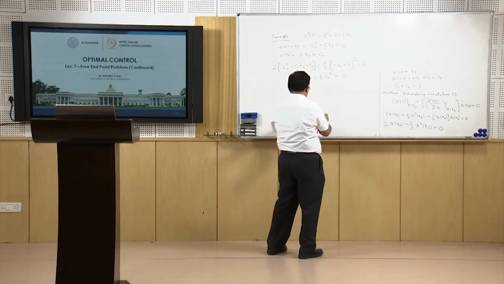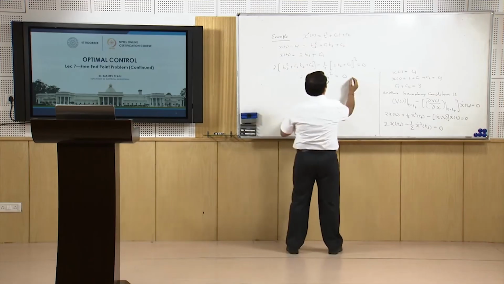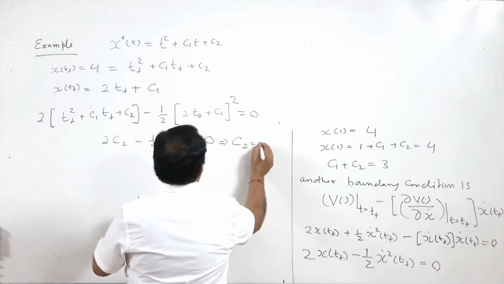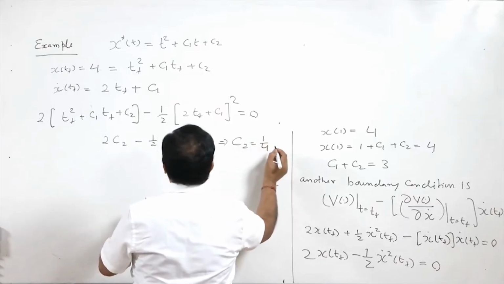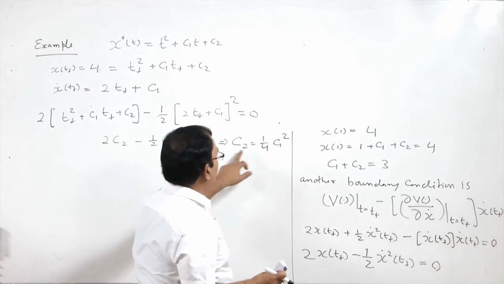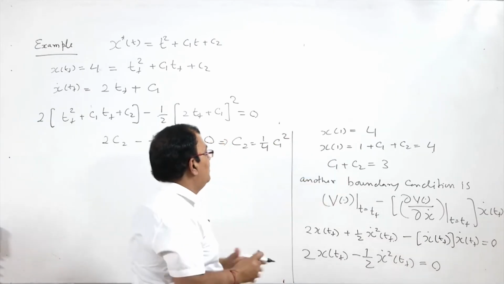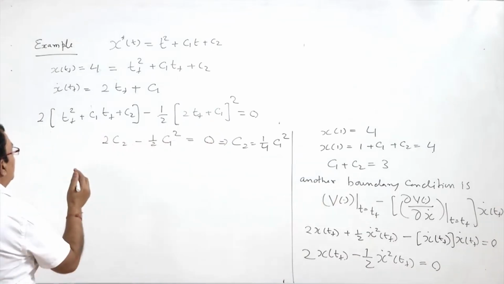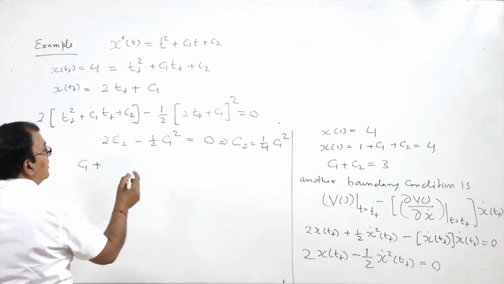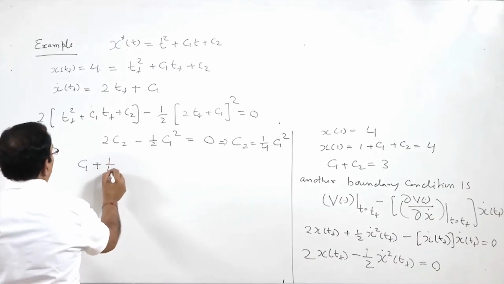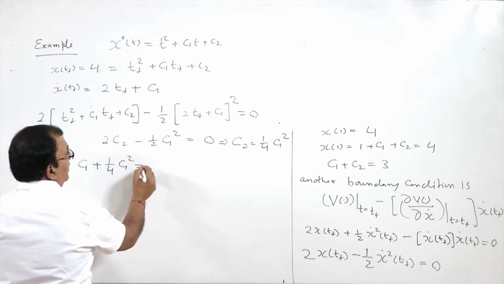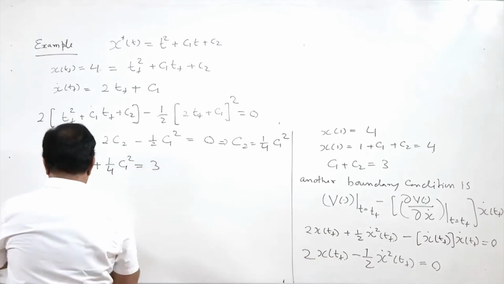So, this gives me C2 equal to 1 by 4 C1 square. Placing this value of C2 in the equation C1 plus C2, in place of C2 I write 1 by 4 C1 square, and this is equal to 3.